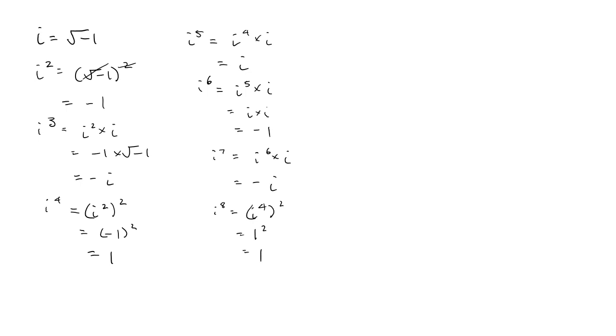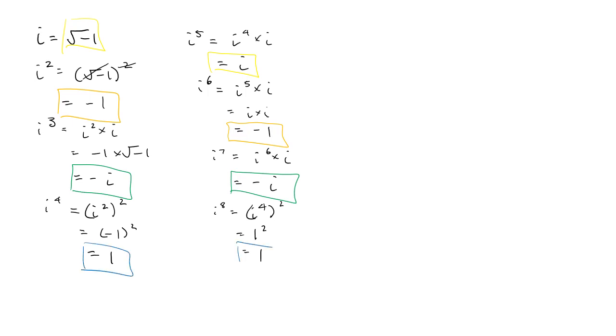Then you see the pattern here. So i is equal to i to the 5th. i squared is equal to i to the 6th. And i to the power of 3 is equal to i to the 7th. And i to the power of 4 is equal to i to the power of 8. So what you see here is that the powers of i follow a circular pattern.